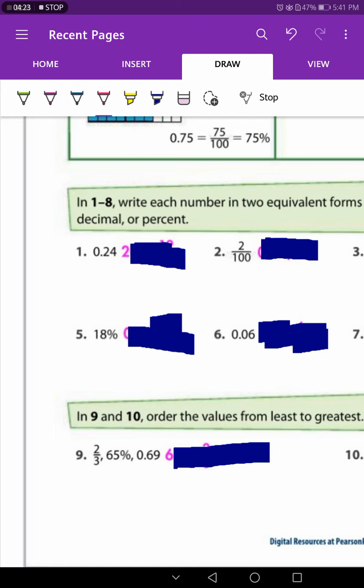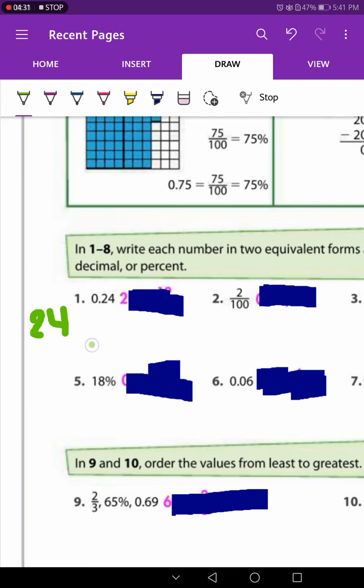I write it as a fraction how? 24 over 100. Yes. Okay. And with percent, 24 with the percent mark. Yes. Okay.